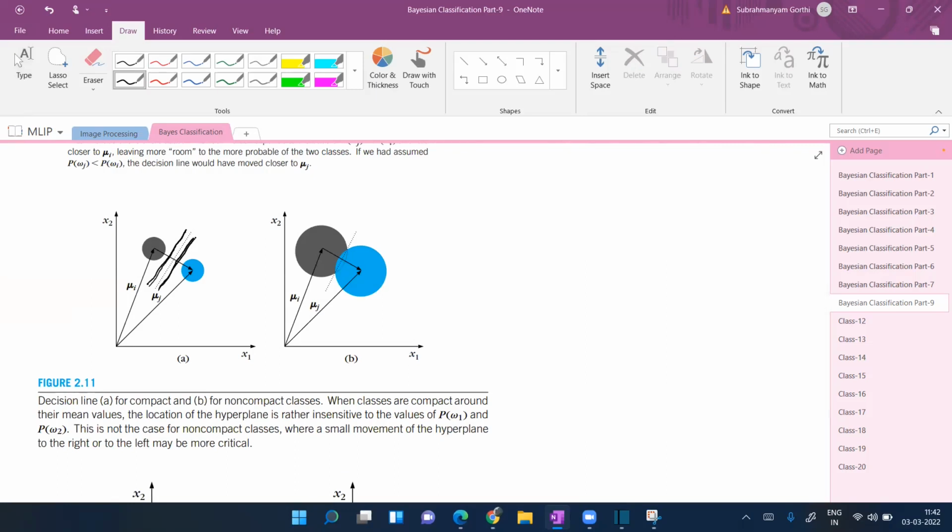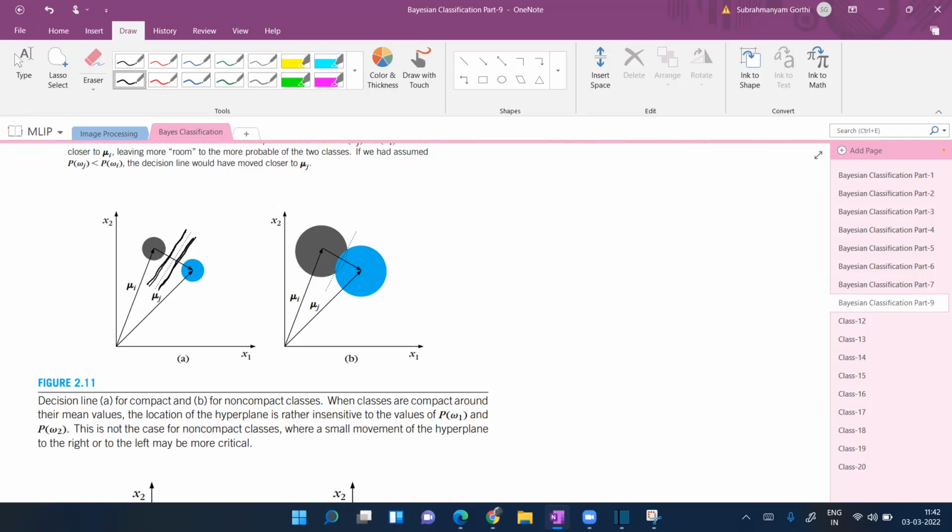So what you could say is, when classes are very tight, then what is going to happen now? You have noticed that it moves one side or the other depending on the prior probabilities of the two classes that we consider.